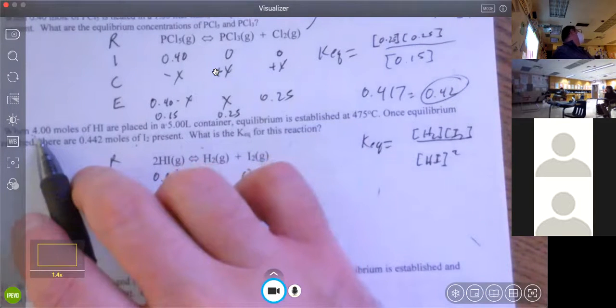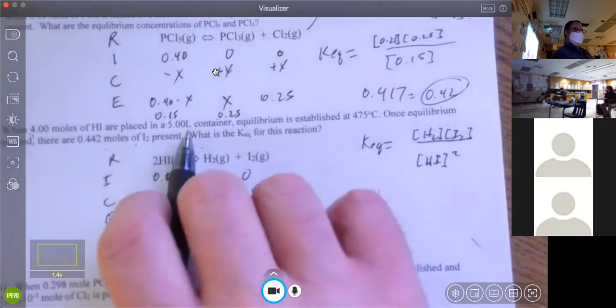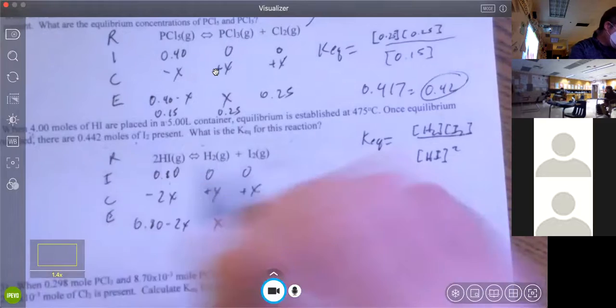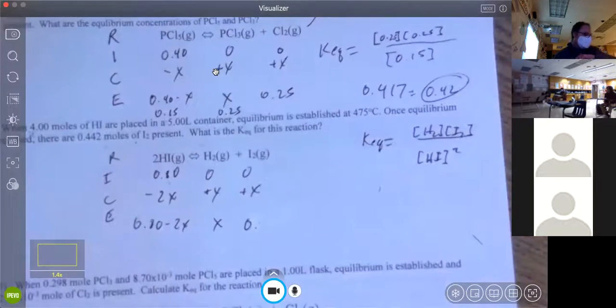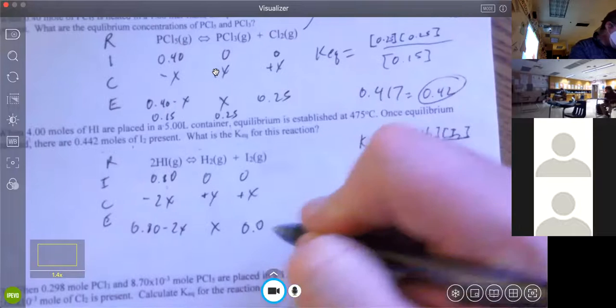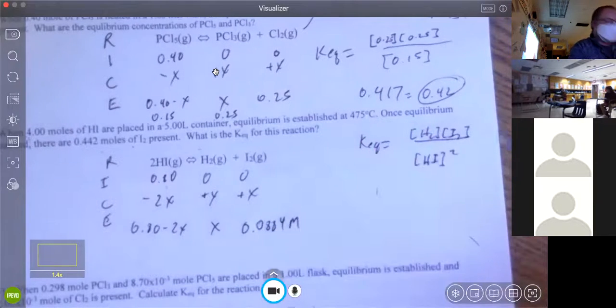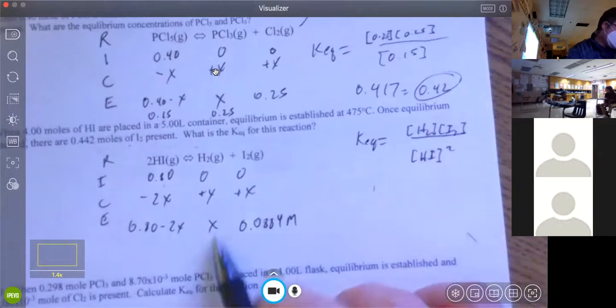These are concentrations, so these are molarities. So 0.4 divided by 5. Since this is 0.442 moles of I2, we actually have to divide that by 5 as well. 0.442 divided by 5 is 0.0884 concentration, right? So if this is the concentration of this one, that means that this is the same.